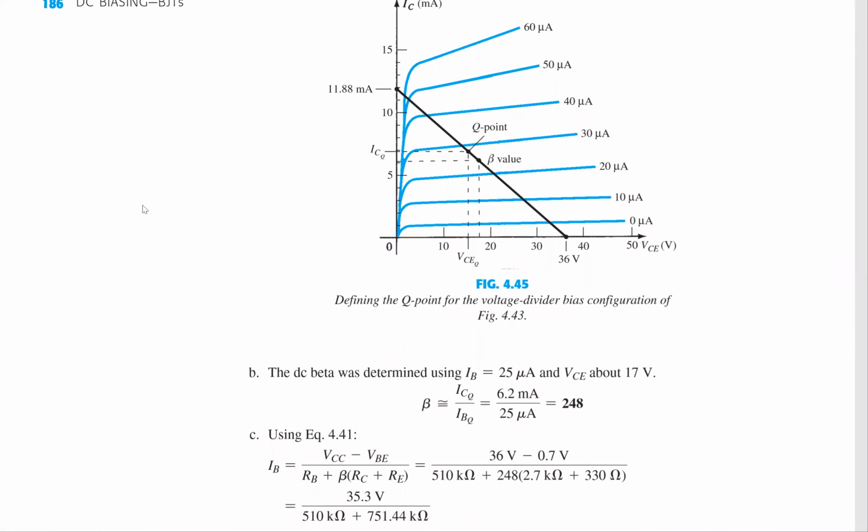The beta is determined by IB equal to 25 micro and VC equal to 7. So beta is found by ICQ divided by IBQ. Here the value of beta is 248. But how did they find the value of IB and VC, that is what to understand.